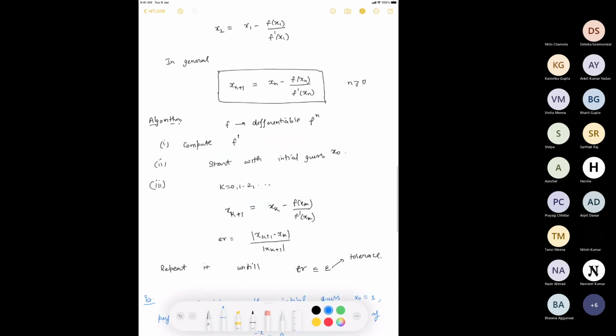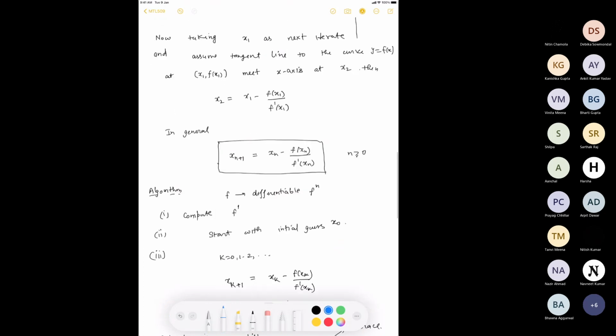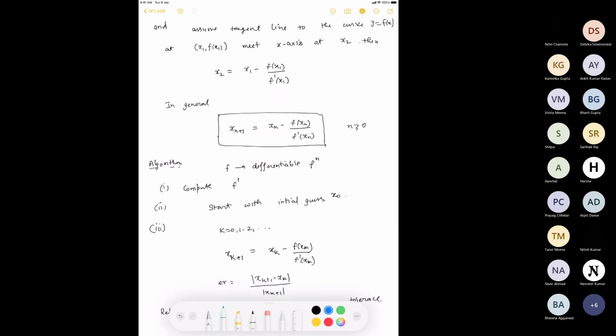Yeah, so this Newton-Raphson method, I have not stated any condition on the function f(x) other than that I need the differentiability of the function f. Further conditions that I require for the convergence of this sequence, I will state in the next theorem.